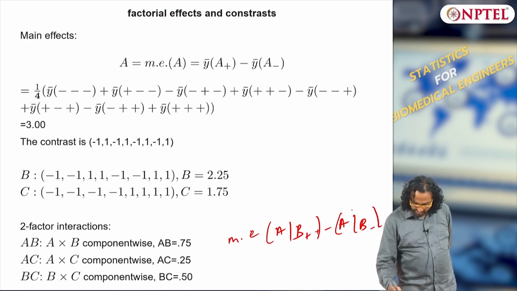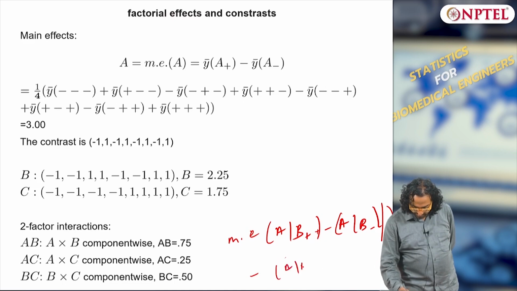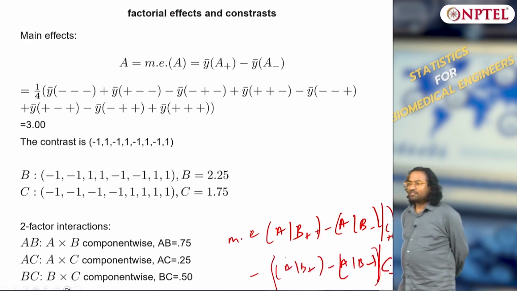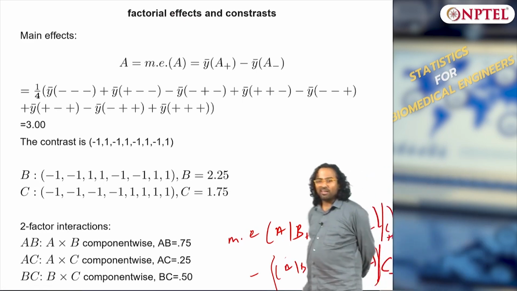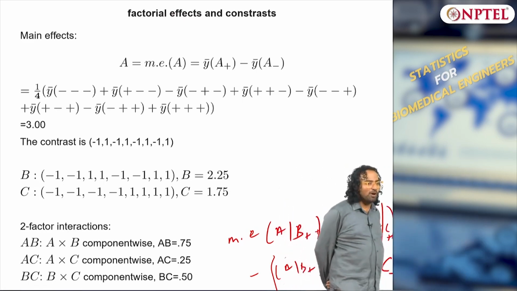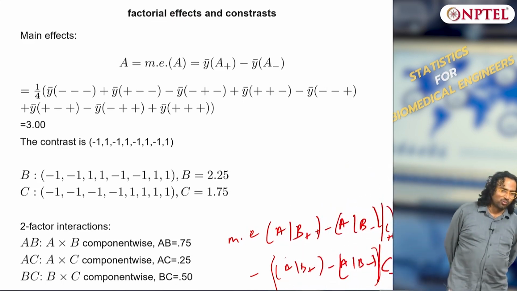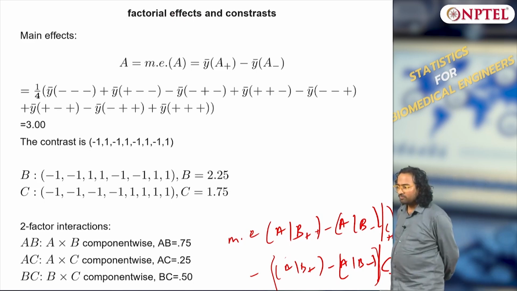This is given C plus, minus the whole thing given C minus. Slightly tricky, okay, but that is how it is. If you want to use all the 8 data points, which is what is natural because you want to make it as robust as possible.